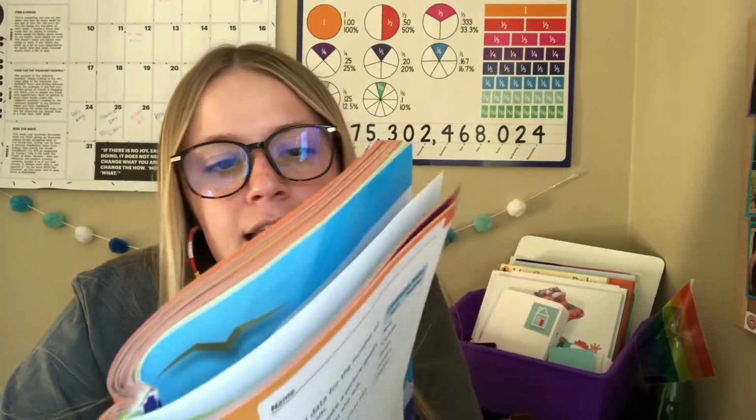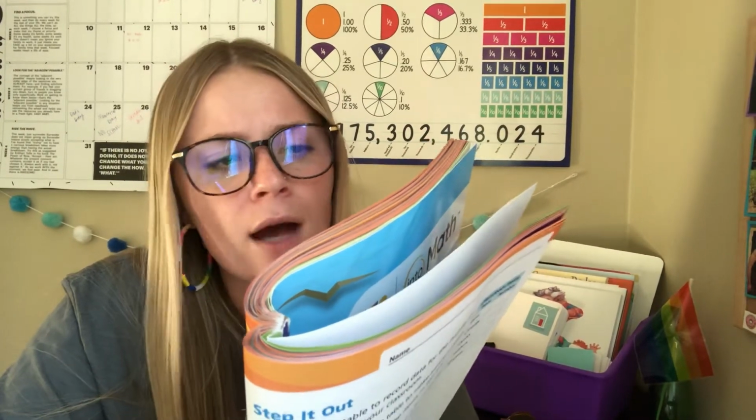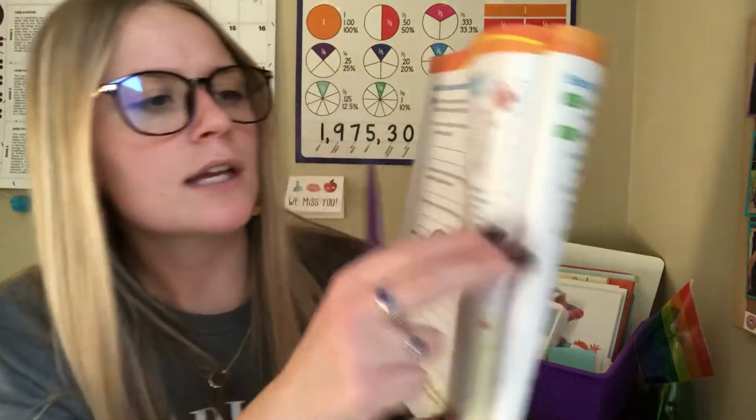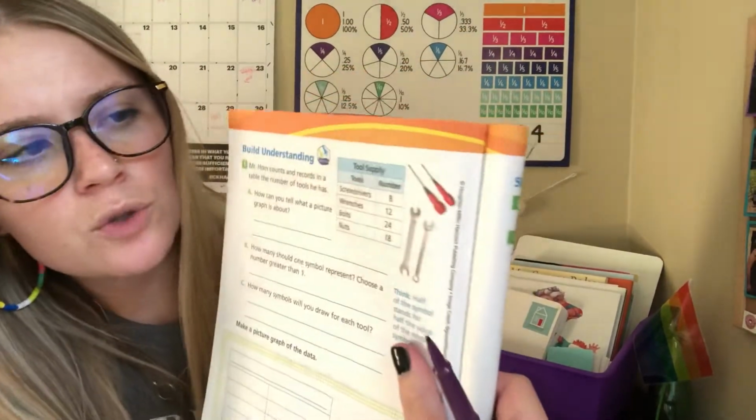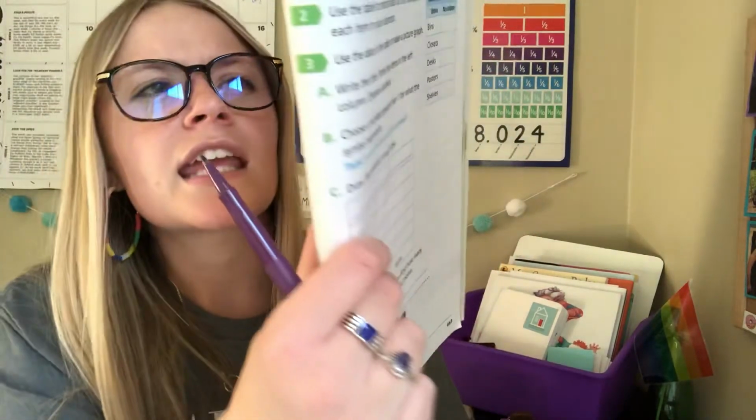Number 1. Mr. Hum counts and records in a table the number of tools he has. How can you tell what a picture graph is about? Okay, well, let's look at this. So a tool supply, he has screwdrivers, wrenches, bolts, and nuts. He has 8, 12, 24, and 18 of each of those items.